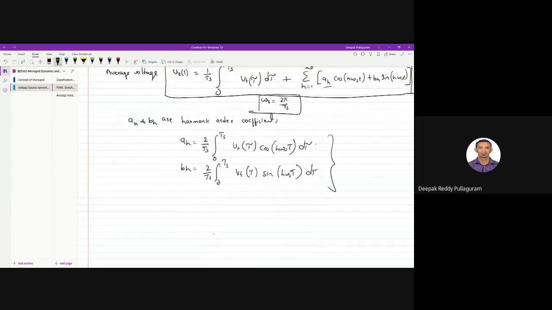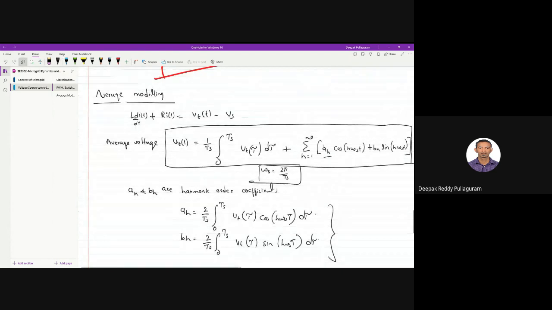The derivation of all this is already available in signals and systems, where you might have studied it. If not, just go through it and try to recollect this. These coefficients and expressions are how we get this average voltage. This is nothing but a square wave. You did an average over a periodic time.